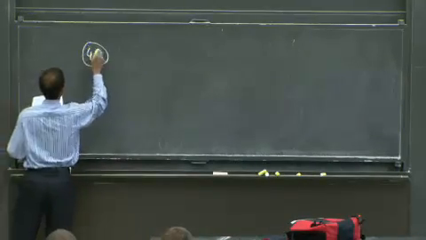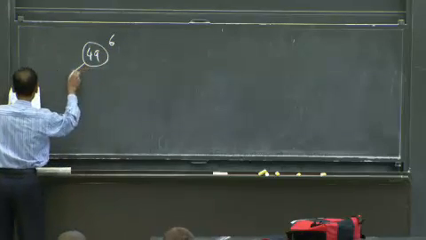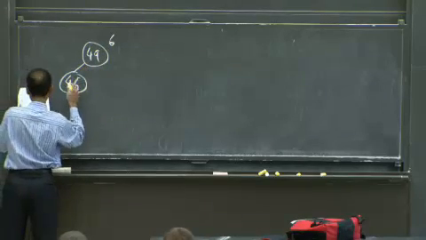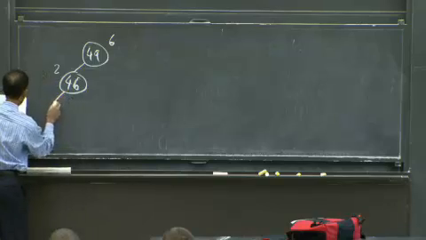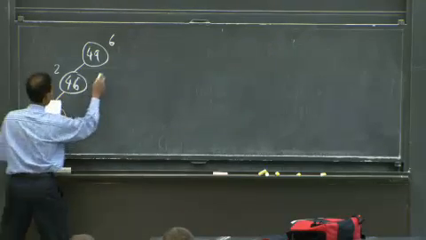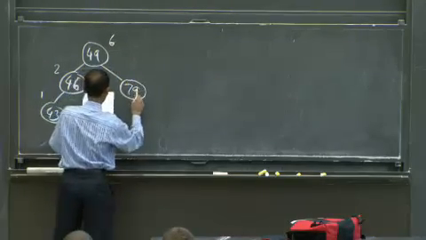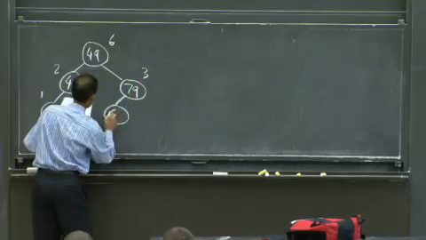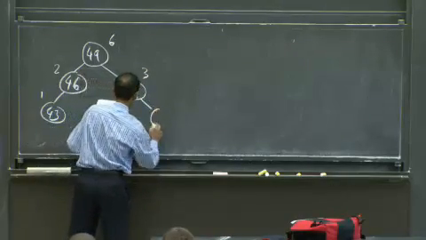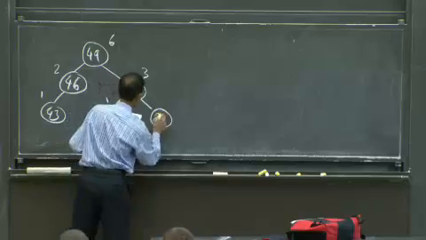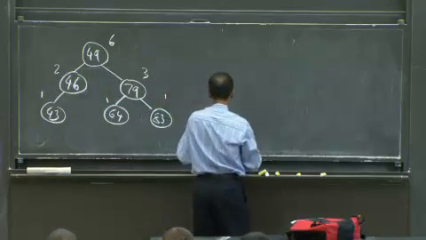So I got 49, and that subtree size is 6. I got 46, subtree size is 2, 43, 79, 64, and 83. Okay?